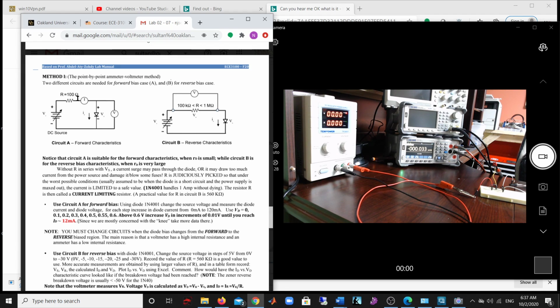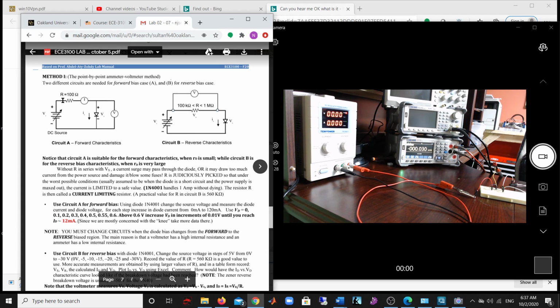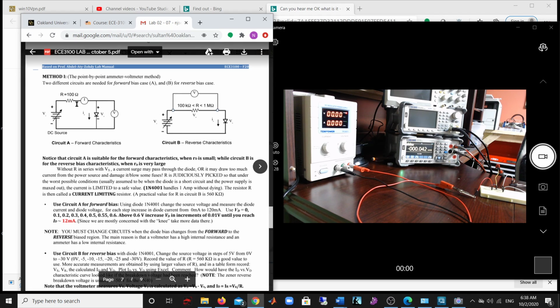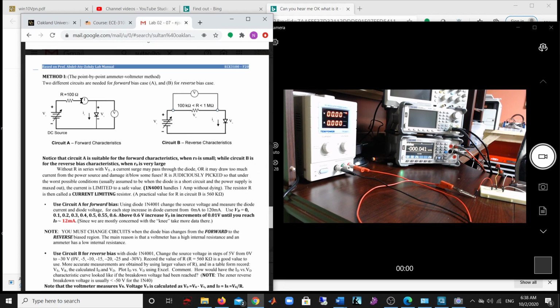That means the current comes from the circuit, then goes to the positive part of the multimeter, and the negative part goes here. So the circuit here will be open and connected to the positive part of the multimeter, and the negative part of the multimeter goes to here.